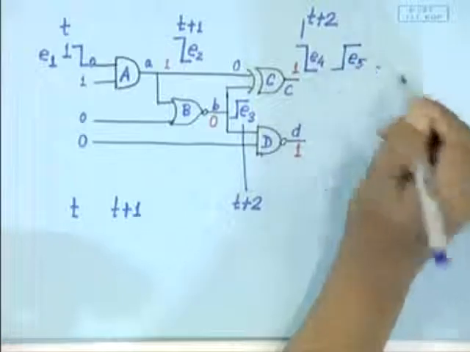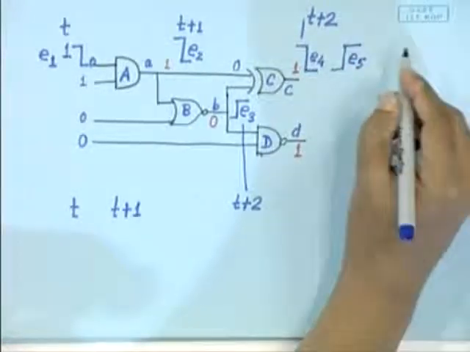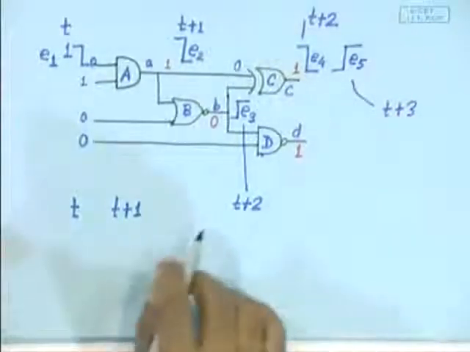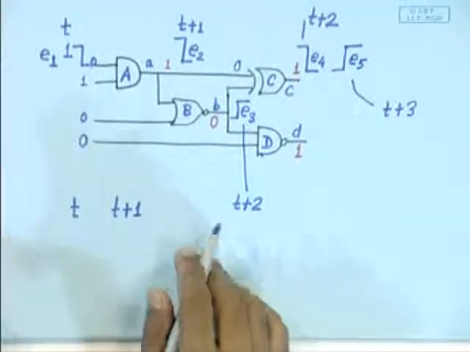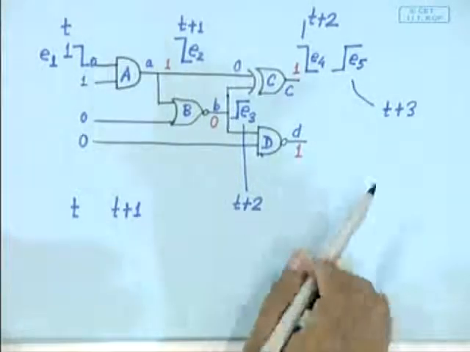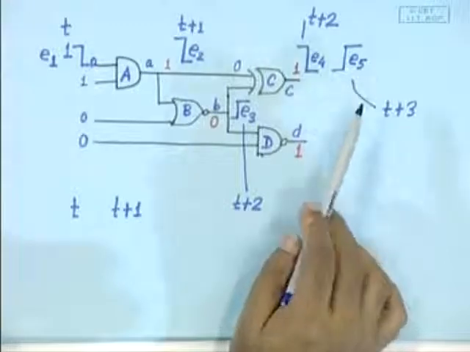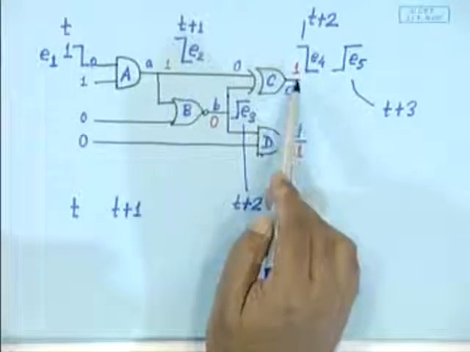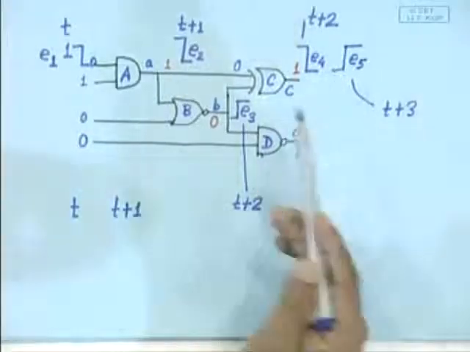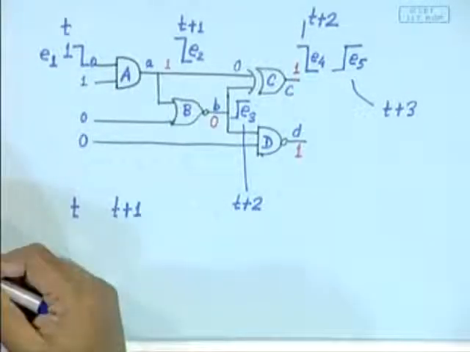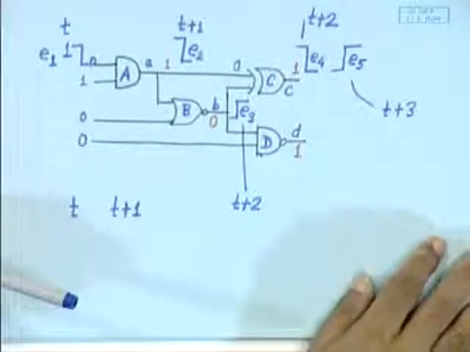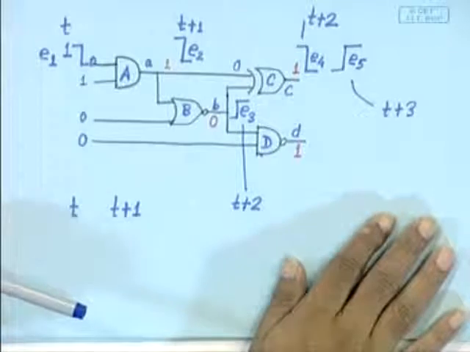So let us call it E5. At what time is that going to take place? T plus 3, right? So next time advances to T plus 3 and we raise this signal, namely C, from 0 to 1, and then there is no other event, right? So all events have been done and we are at the end of simulation.